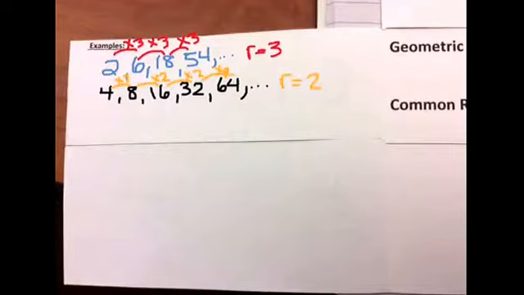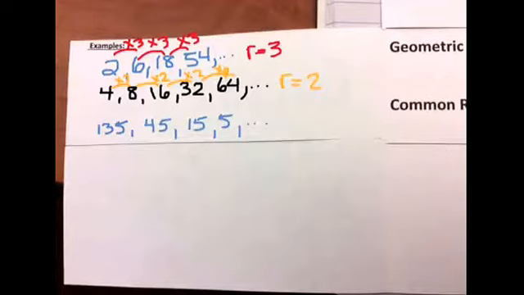Our third example is 135, 45, 15, 5, and so on. You'll notice this time that the numbers are decreasing.